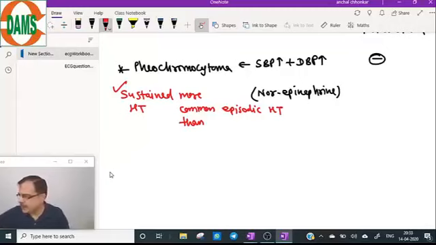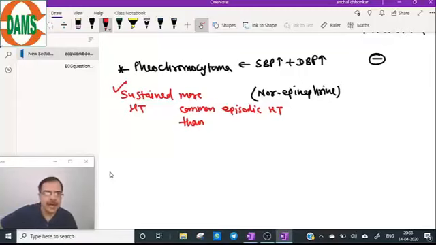Most patients will have sustained hypertension rather than episodic, where in between the patient is okay and suddenly BP rises. Episodic hypertension is less common, sustained hypertension is more common.